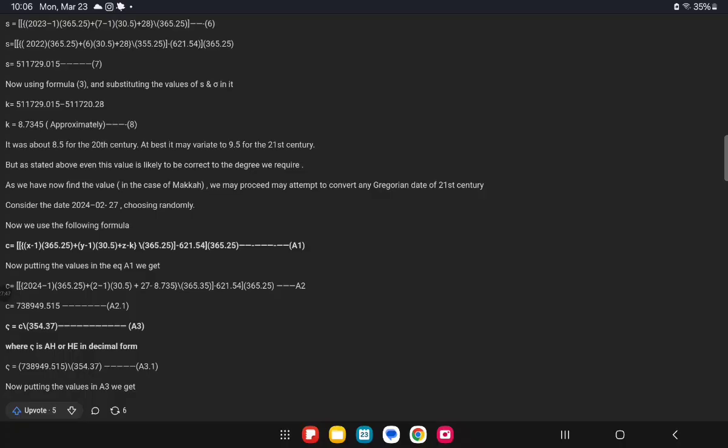For now, I'm just converting it to see if it converts to the correct Hijri date that we started with. In tomorrow's video, I will convert it to a custom date of my choosing. This is just a randomly picked Gregorian date that the author selected, which is February 27th, 2024.